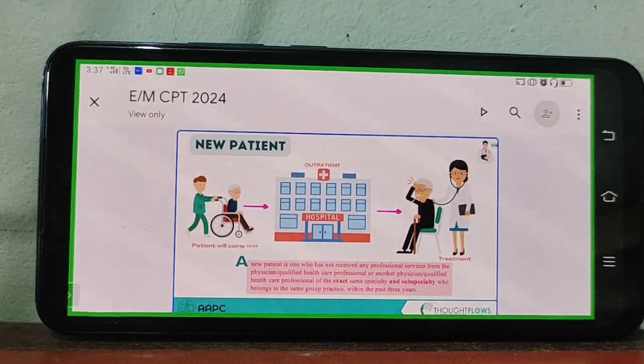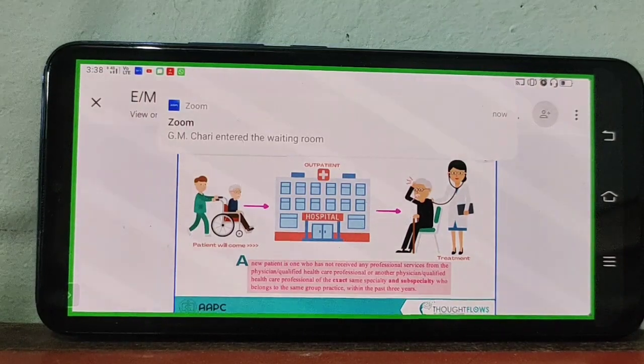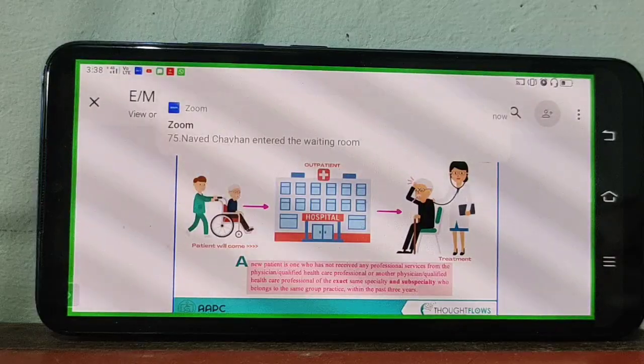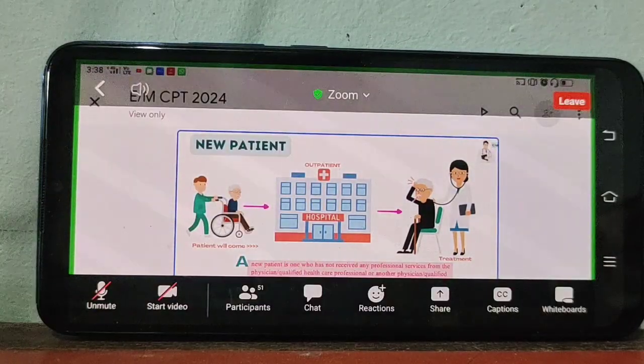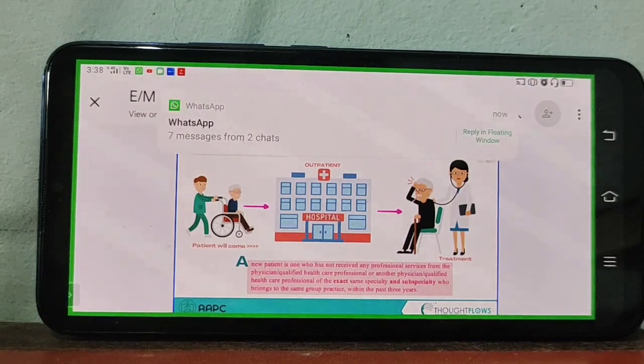Now, I just give a recall for you guys. The first visit with that specialty means the patient is a new patient. From the second visit for the same specialty means the patient is an established patient.